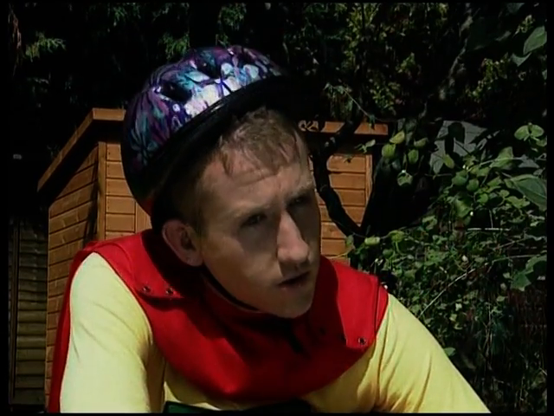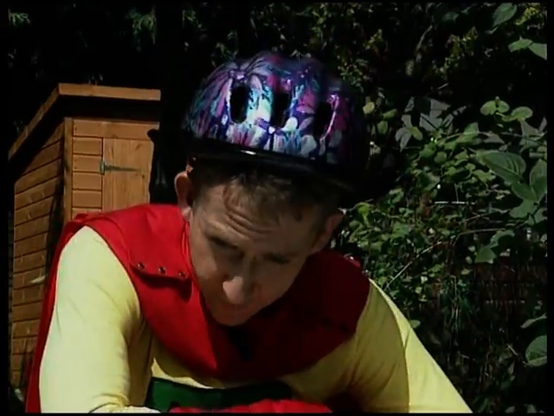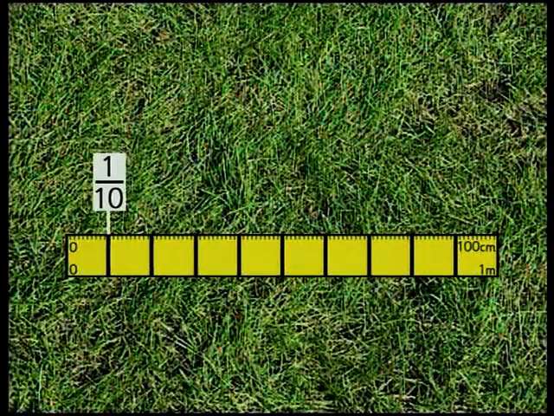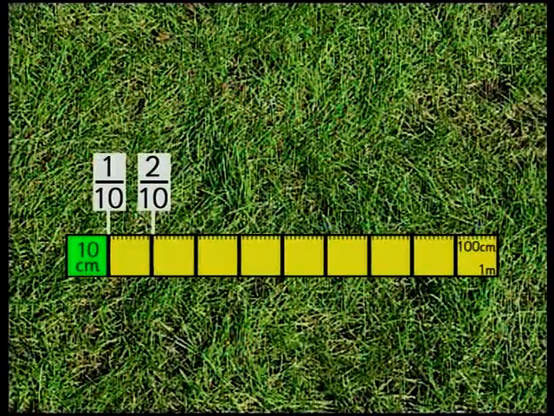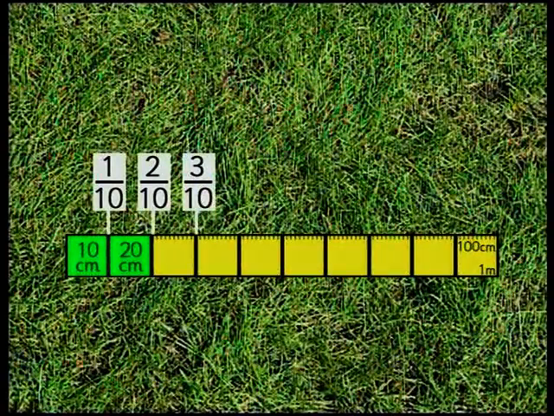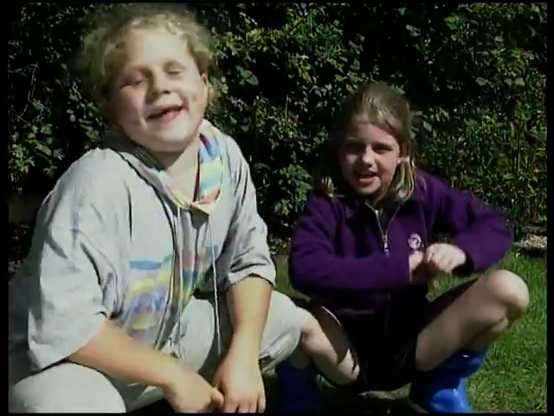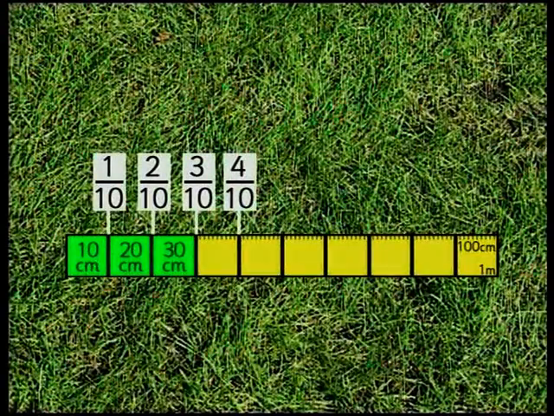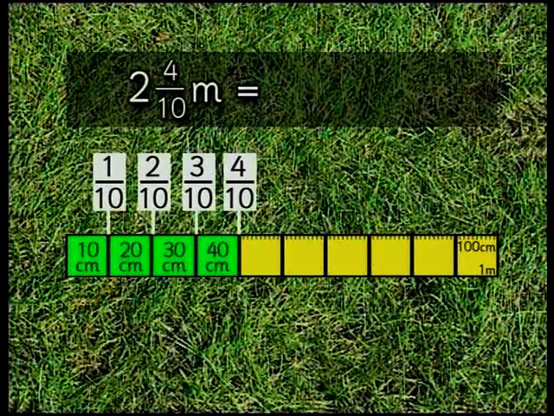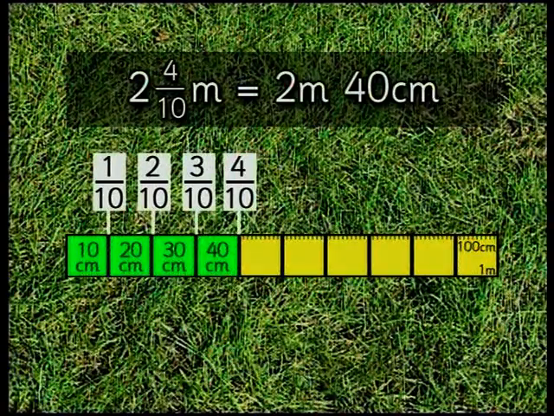Now, we know there are 100 centimetres in a metre, so 1/10 of a metre is the same as 10 centimetres, so 2/10 of a metre is the same as 20 centimetres, so 3/10 is 30 centimetres, so 4/10 of a metre is the same as 40 centimetres. So 2 4/10 of a metre is the same as 2 metres 40 centimetres.